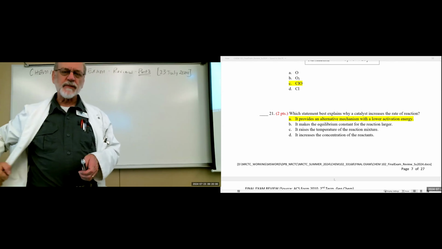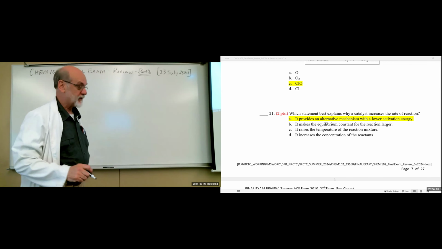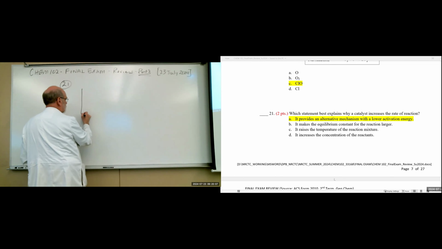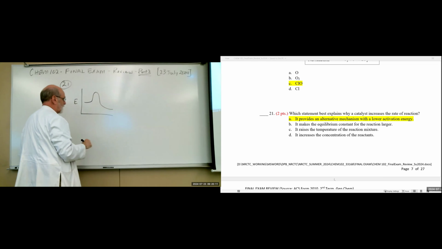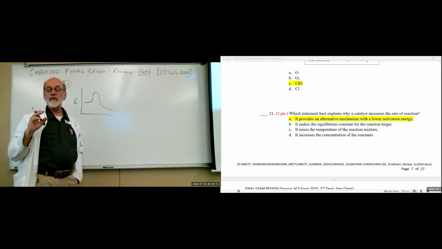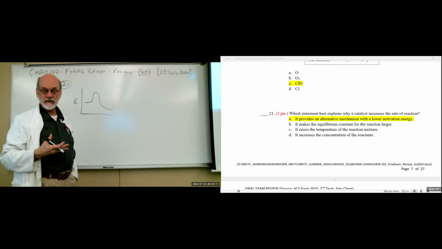Which statement best explains why a catalyst increases the rate of reaction? All right, let's go back to our energy diagram. How do we depict the effect of the catalyst on this energy diagram?